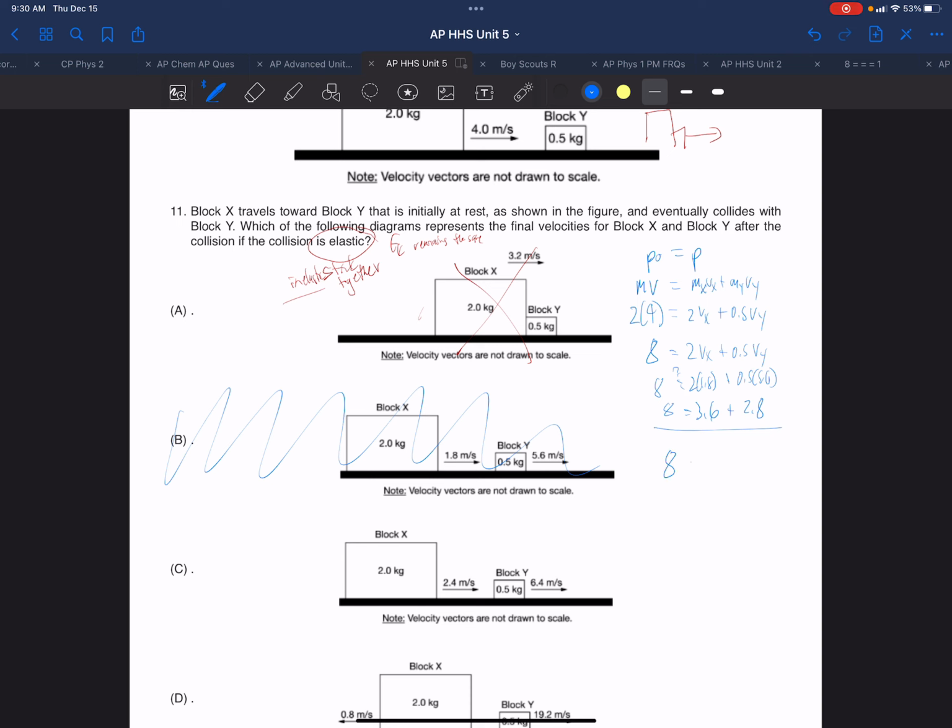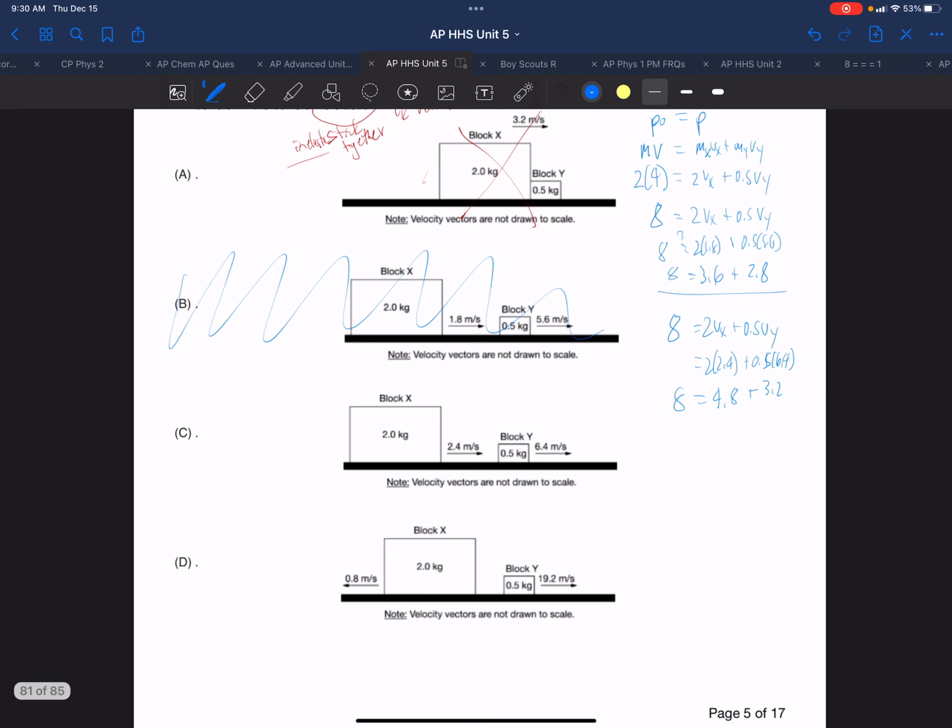Let's try the next one. 2Vx plus 0.5 Vy. 2 times 2.4 plus 0.5 times 6.4. That is 4.8 plus 3.2 is 8. So it looks like that's possible.